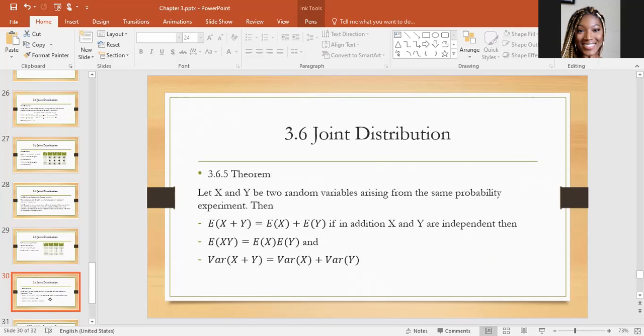I just gave you an example where you saw that the expectation of the product was not the product of the expectations. So this can happen if the variables are independent. Are we getting this? The product can carry over if the variables are independent.